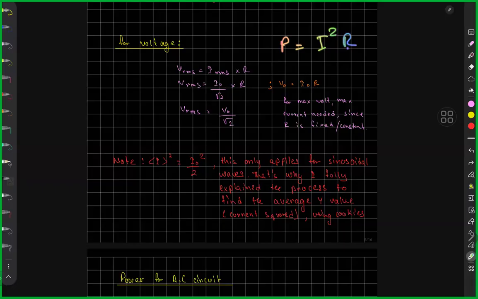It's simply that we have to square the current, which is why we go through the entire process of finding I naught square, then finding the average I naught square, then taking a root of that average, and finding the root mean square current to satisfy this equation. Because over here, we are squaring the current.